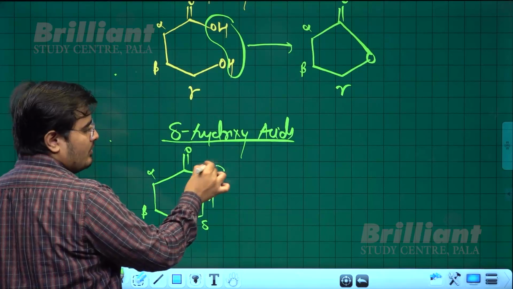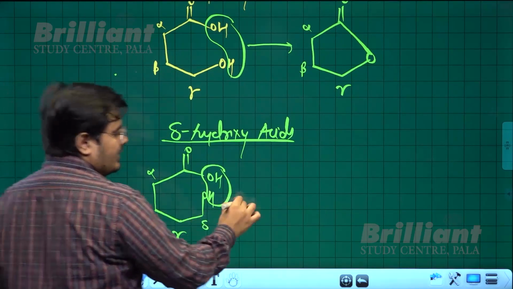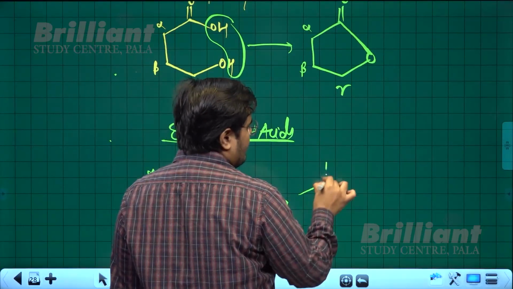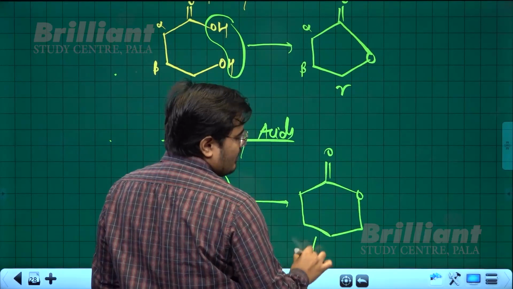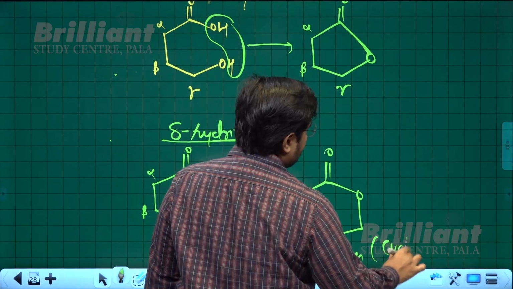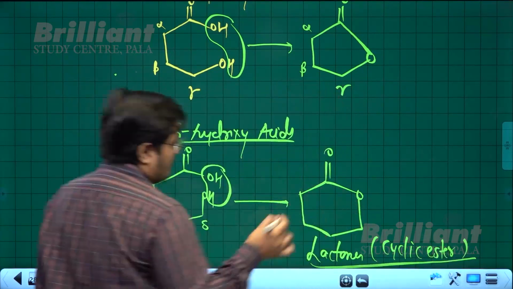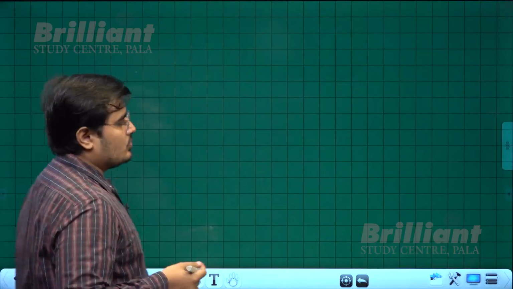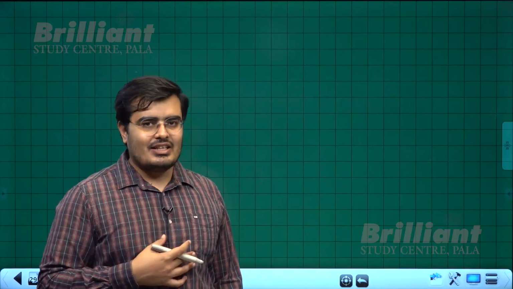So you have to remove OH and H. It's like acid and alcohol reacting together, and they will result in the formation of ester, and cyclic esters are known as lactones. So this was something extra that was not there in your NCERT.